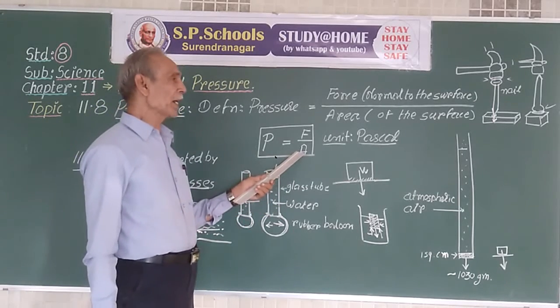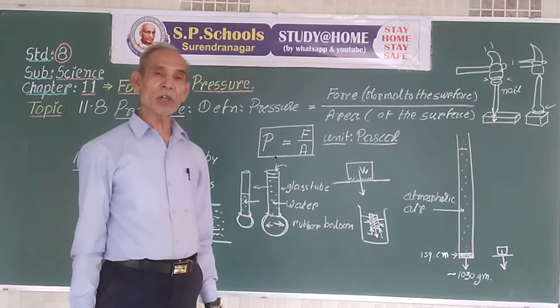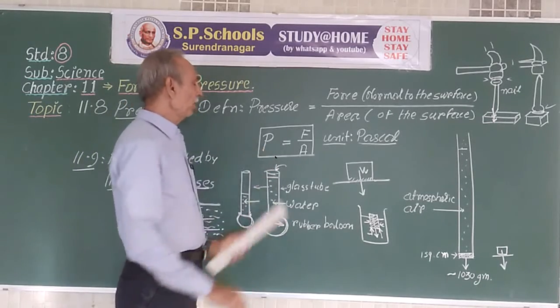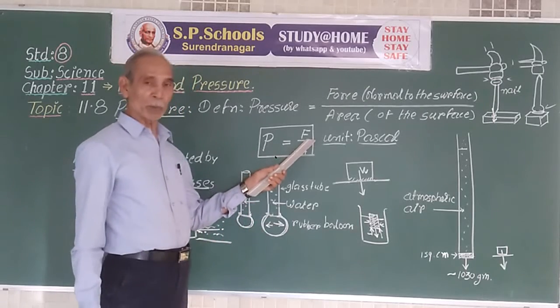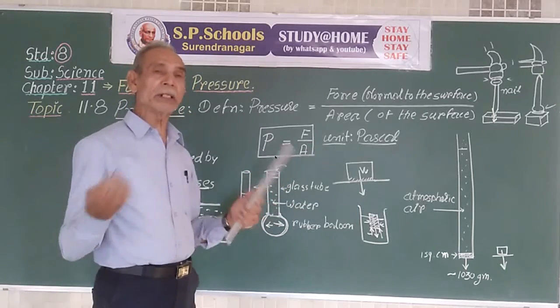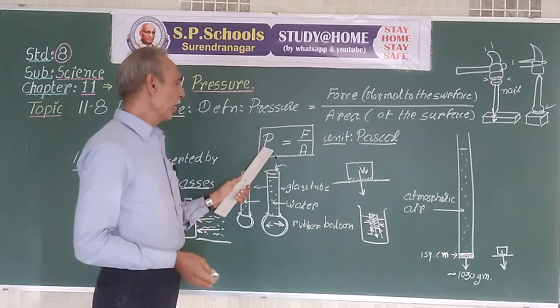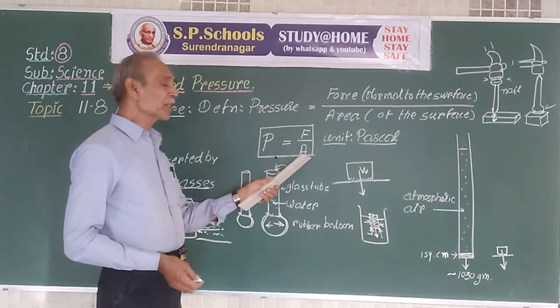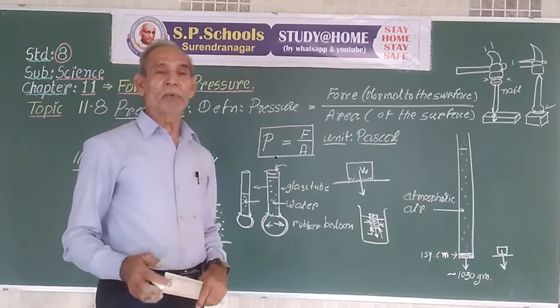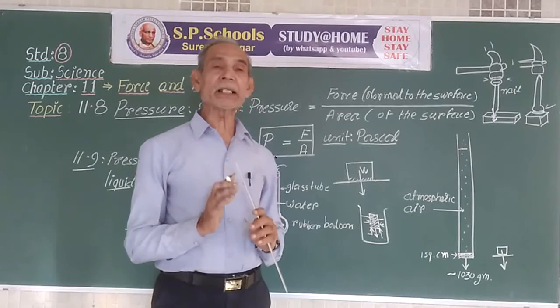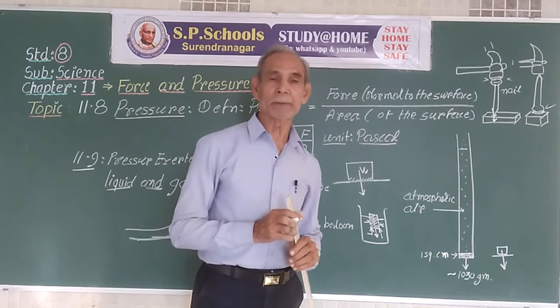If we reduce the area, the pressure is increased. So, pressure changes directly as force. As the force increases, pressure increases. Pressure changes inversely with respect to area. If the area increases, the pressure decreases.